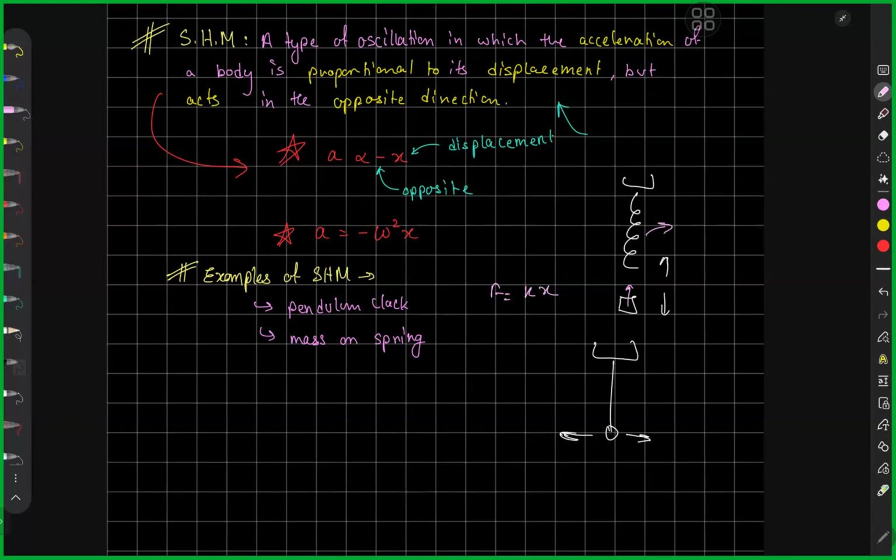Where is the restoring force coming from? The spring. However much you extend the spring, that is x. And what is k? The spring constant. And that applies the upward force on the mass to move it upwards.